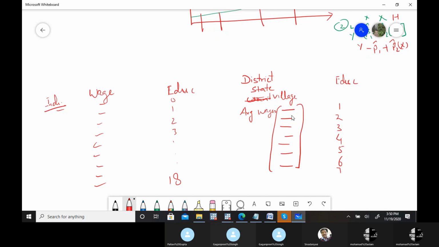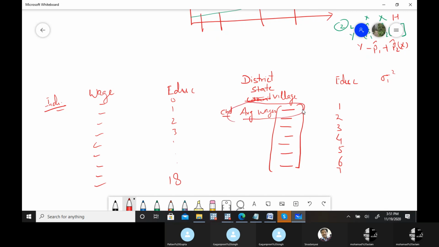But here you can find the variation in wages, right? Because these are average wages. This is a mean, right? So if you have a mean for that particular state, let's take Chandigarh, you can find that variation. This sigma i square for Chandigarh, you can easily find.